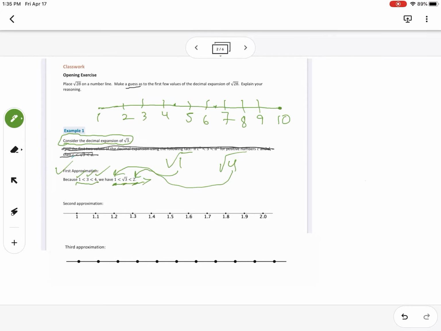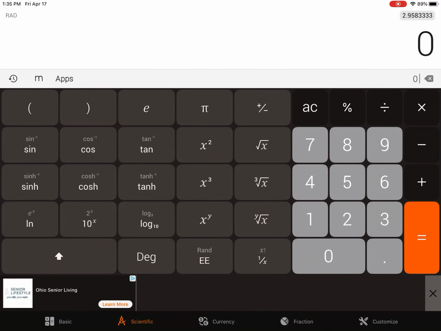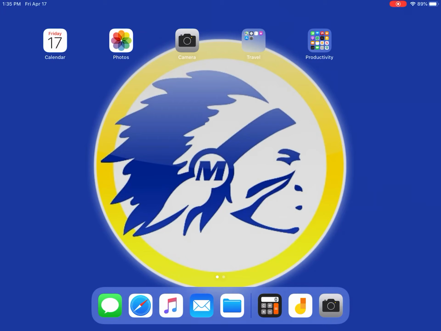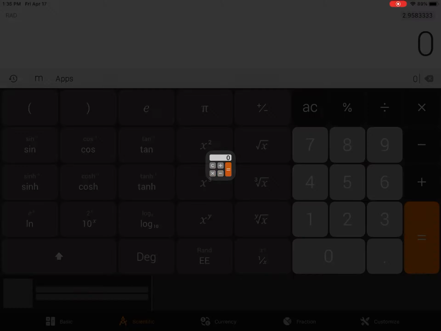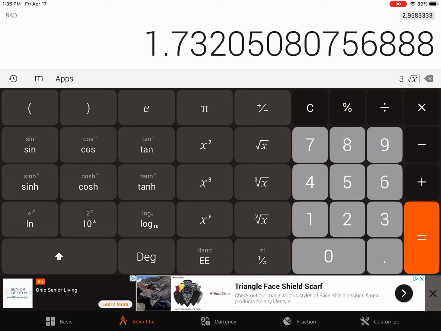All right, so let's actually use our calculator and find the square root of 3. For this calculator, I have to hit 3, then hit that square root button. Let's try it again. 3, square root. There we go. I get this really long number that would actually never end. So it is irrational. I can't write it as a fraction.